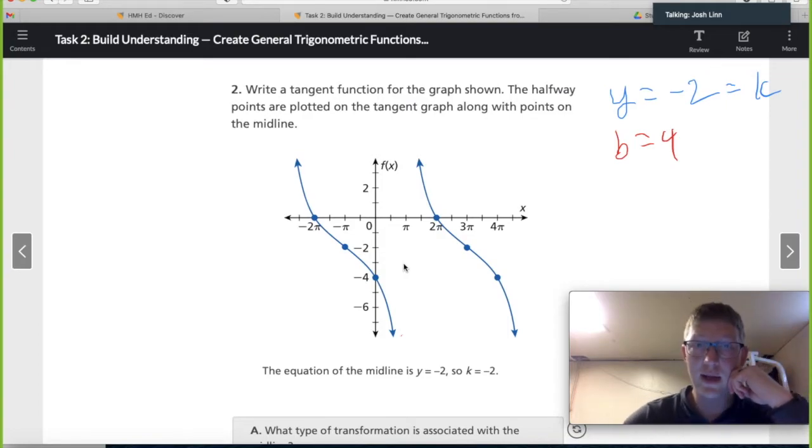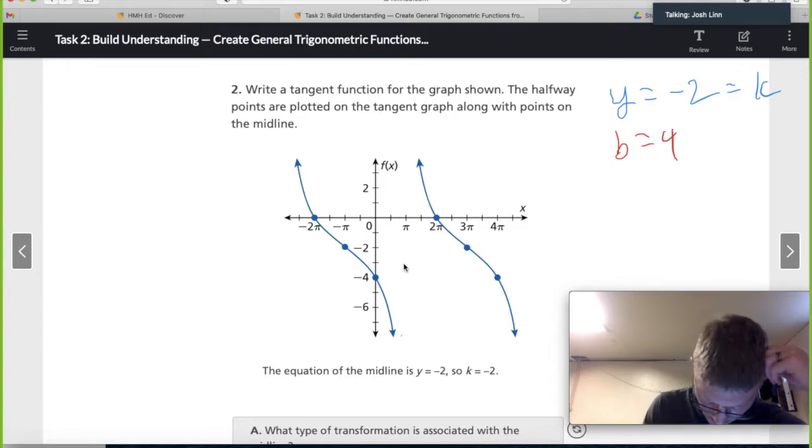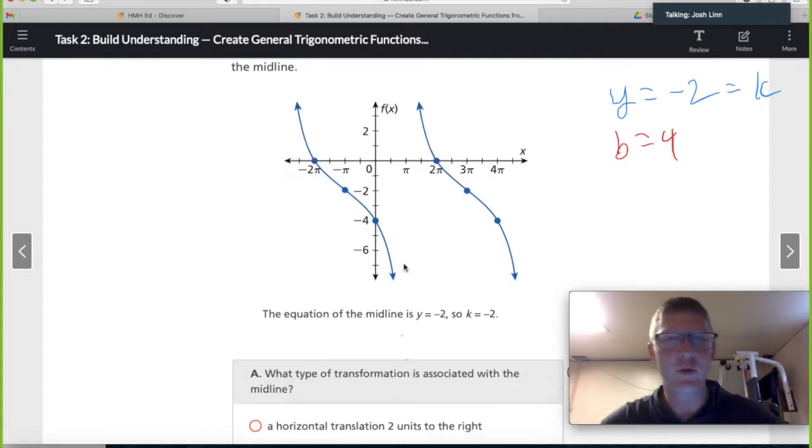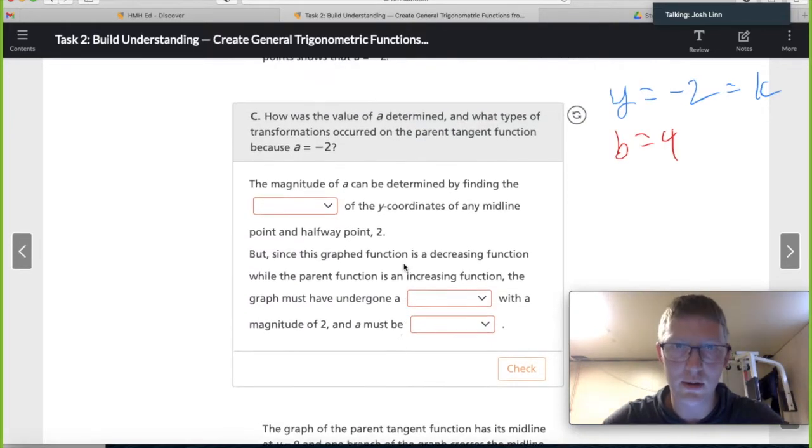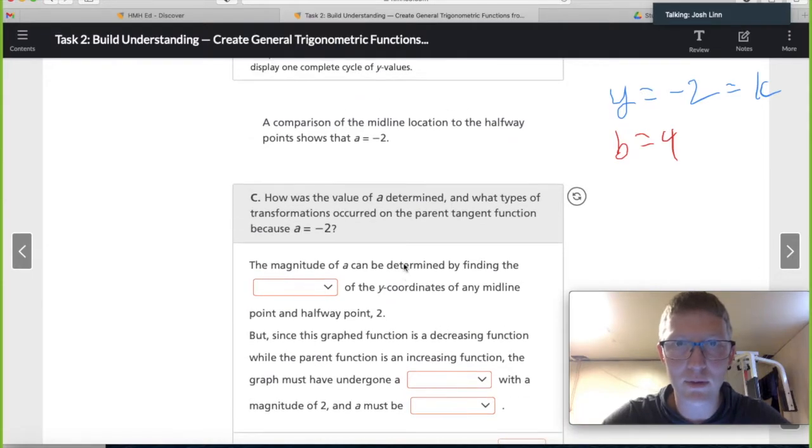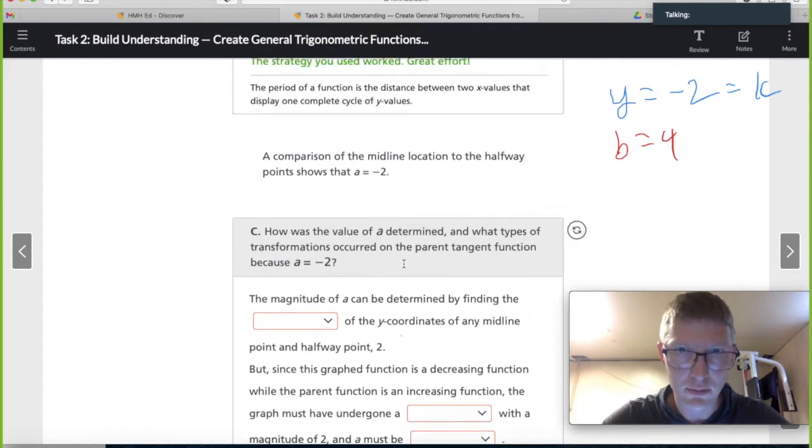I can see where they got 2, because with our parent function, the 2 reference points would be right up there, 1 unit up or down. In this case, it got stretched to an additional unit, so I get the 2 part. Where did they get the negative from? That's what we've got to figure out.